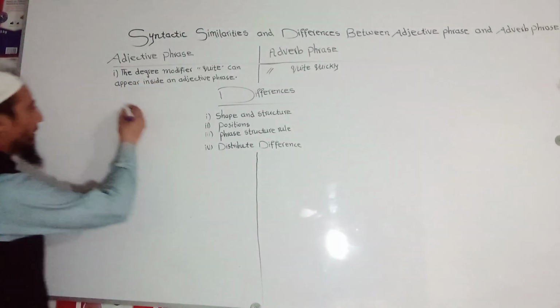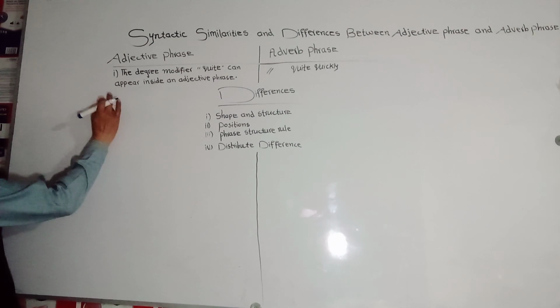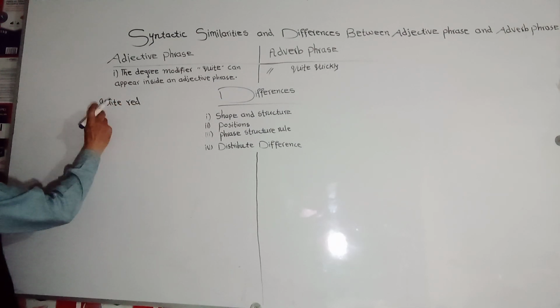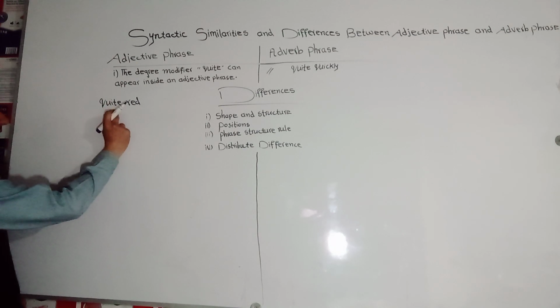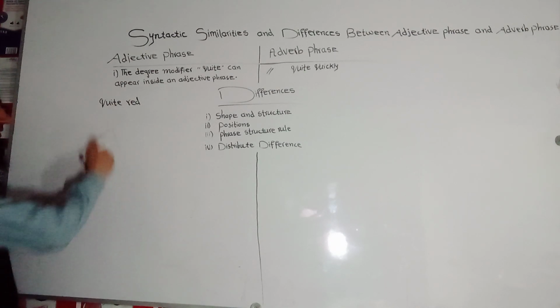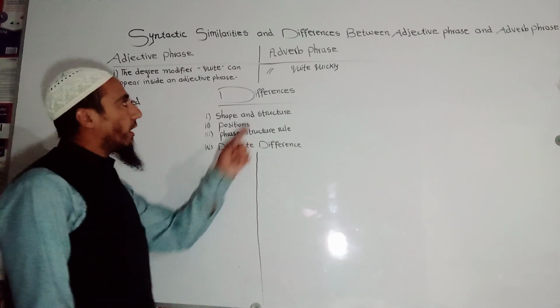For example, for adjective, we say "quite red." Here quite is a degree modifier, and red is an adjective.